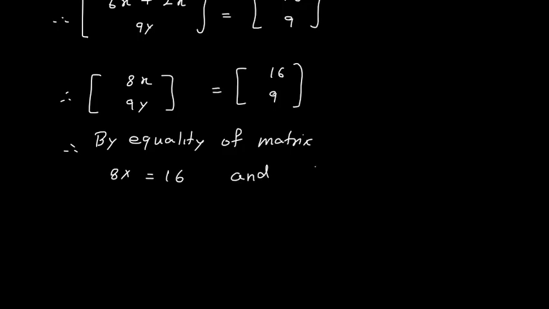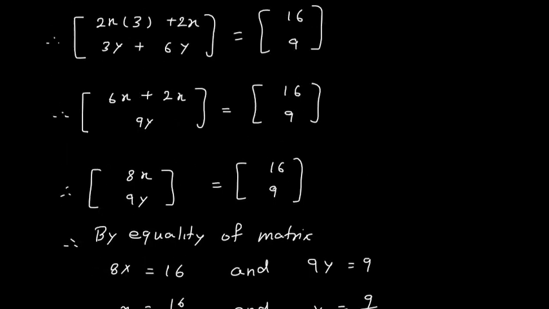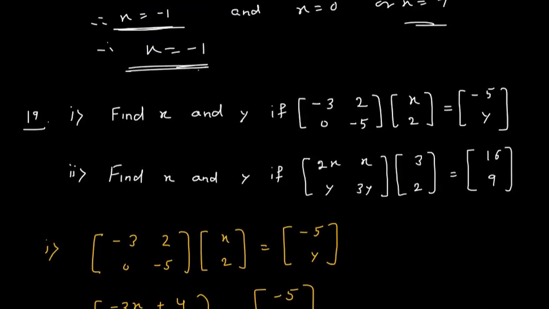So therefore it gives me x is equal to 16 upon 8 and y is equal to 9 upon 9. So therefore I get x is equal to 2 and y is equal to 1. So the value of x is 2 and the value of y is 1, right? Okay, done. Fine. This is your 19th question.